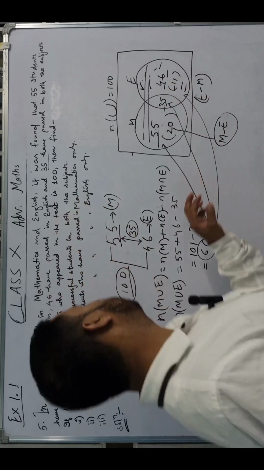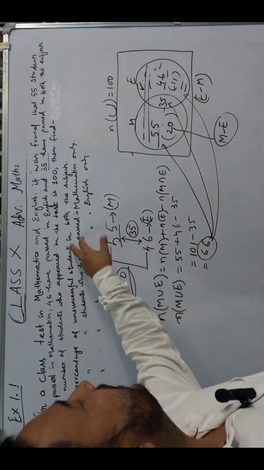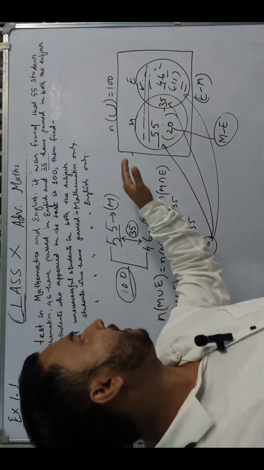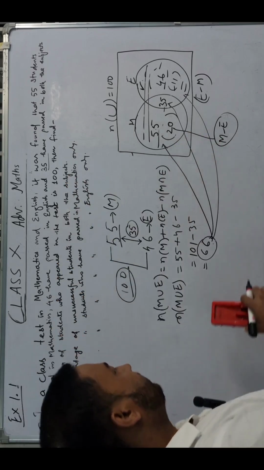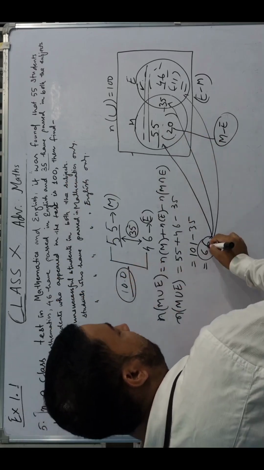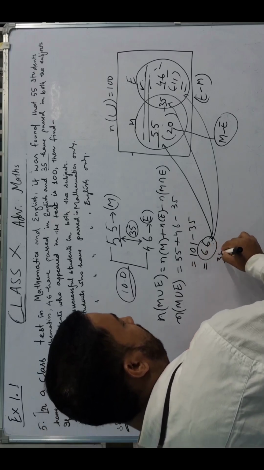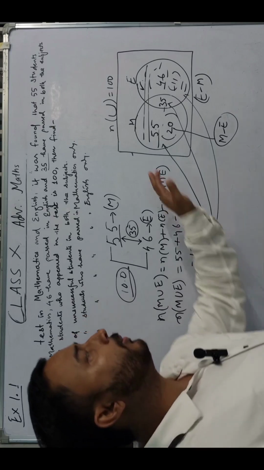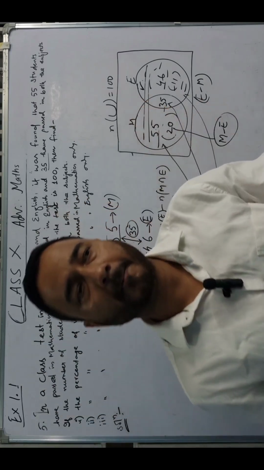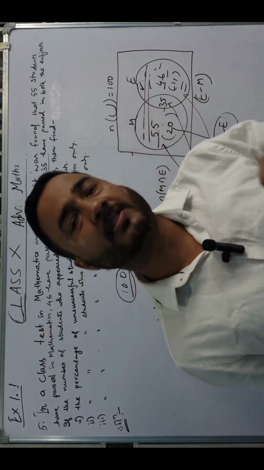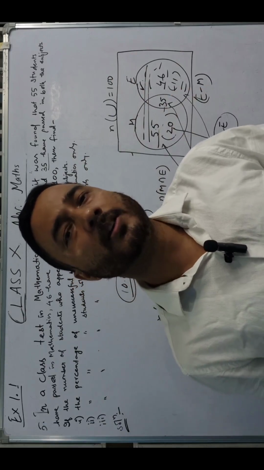Now our question is the unsuccessful students in both the subjects, the students who could not pass in any of the subjects. Since out of 100, 66 students could pass, that means 34 students could not clear either of the two subjects. Am I clear? Those were the unsuccessful students.